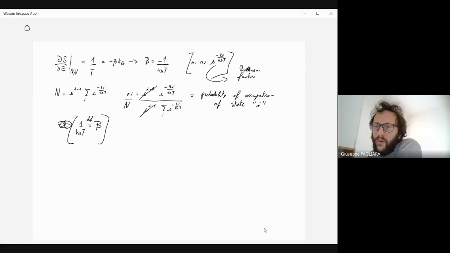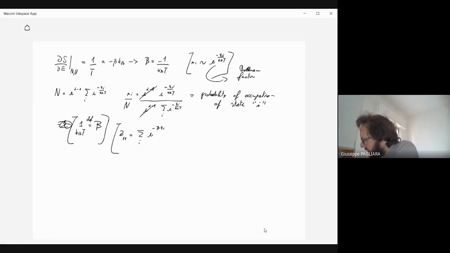It's very useful to consider beta as a variable, for reasons that will be clear in a moment. And then let me call Z the sum over i of e to the minus beta epsilon i, which is what we have at the denominator. This function here is called the microcanonical partition function.